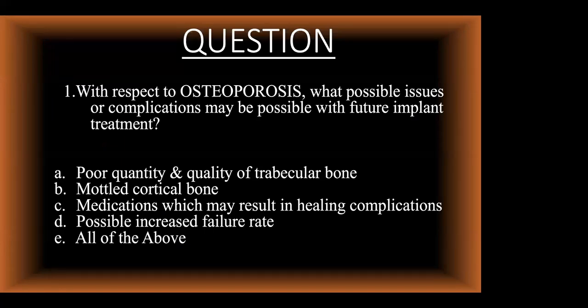First question, with respect to osteoporosis, what possible issues or complications may be possible with future implant treatment? Poor quantity and quality of the trabecular bone, mottled cortical bone, medications which may result in healing complications, possible increased failure rate, or all of the above.